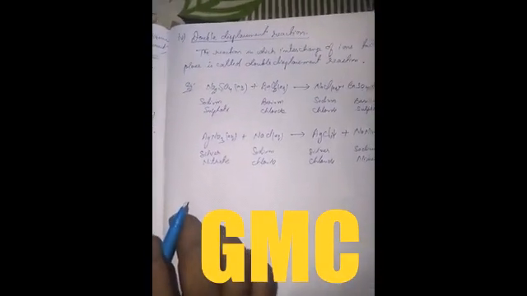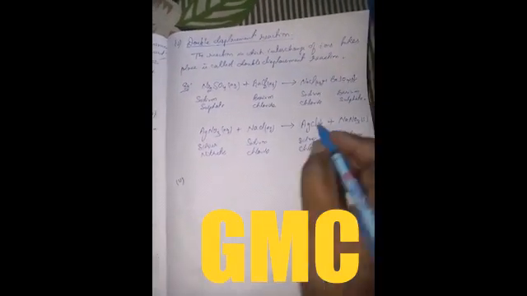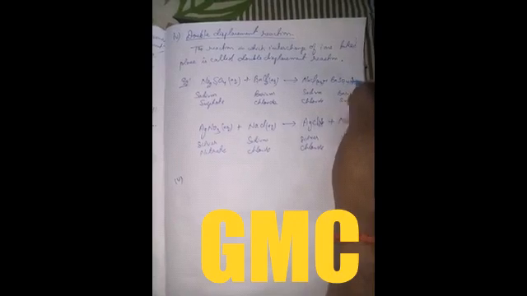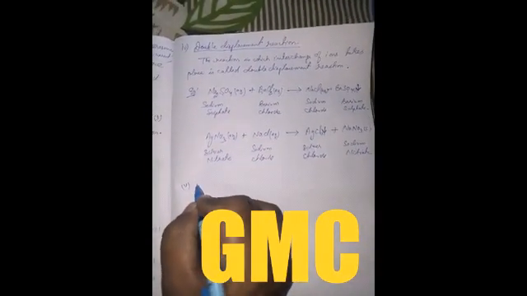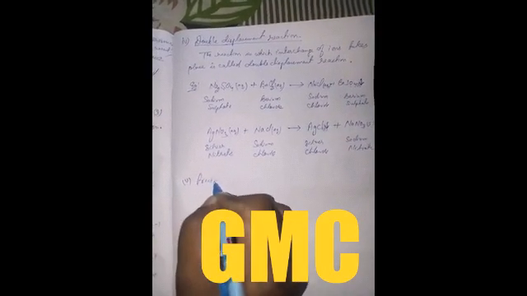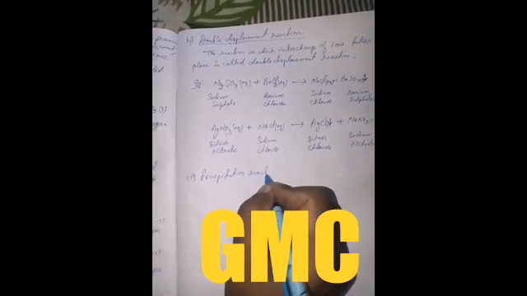Okay, next, fifth one is precipitation reaction. These are also examples of precipitation reaction because a solid insoluble substance is formed. Precipitation reaction.